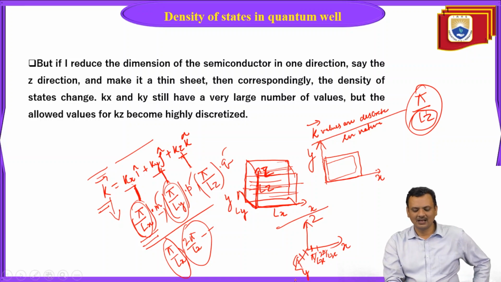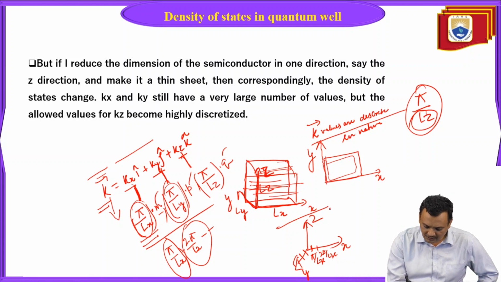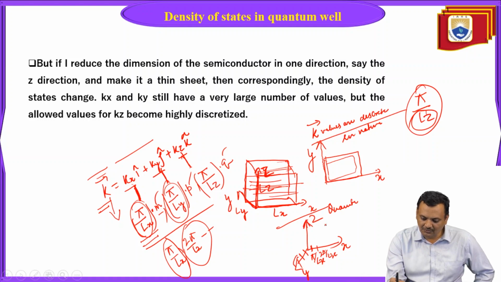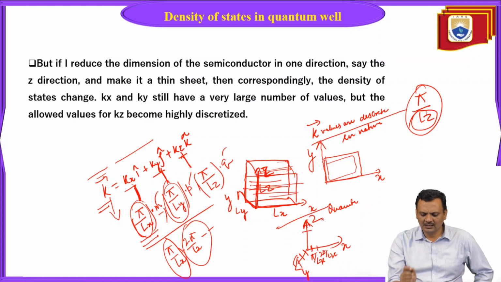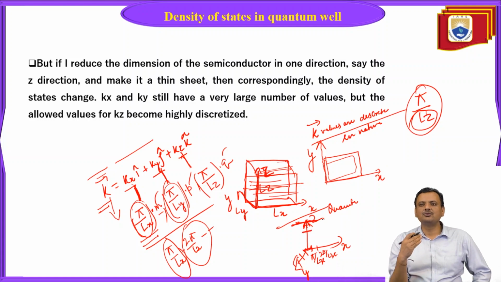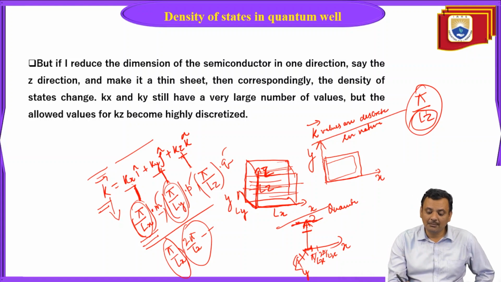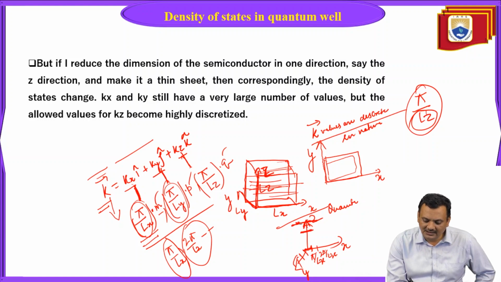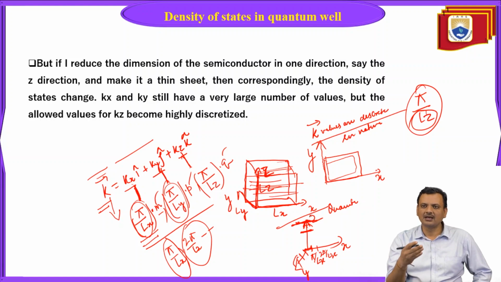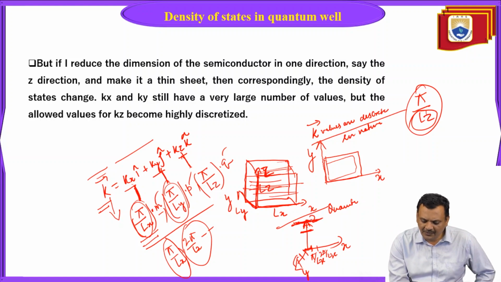But now in the case of the quantum well structure, where you confine the structure in the z direction, what will pi upon Lz be? It will take a very large value, and if the available range is from this much to this much, you will get only 2 or 3 possible values, like pi upon Lz, 2 pi upon Lz. Pi upon Lz will lie here. The next, 2 pi upon Lz, will maybe be at the end of the available range.